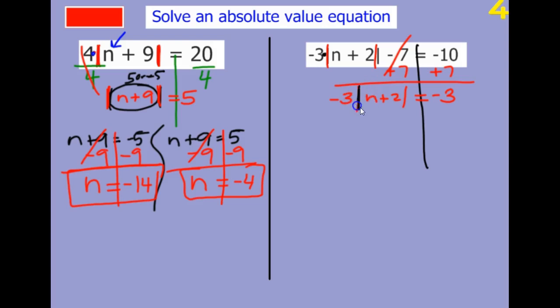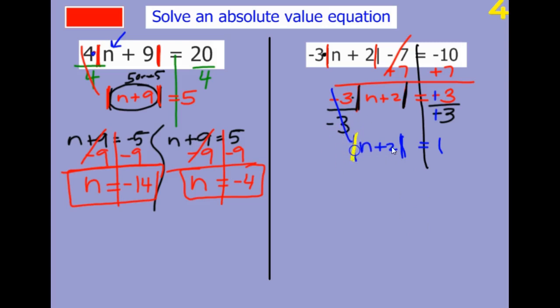And then we need this absolute value by itself, so we need to get rid of multiply by negative 3. So I'm going to divide by negative 3 on both sides. So those will eliminate. And I have n plus 2 in my absolute value, all equal to now a positive 1. Our 2 negatives made a positive.